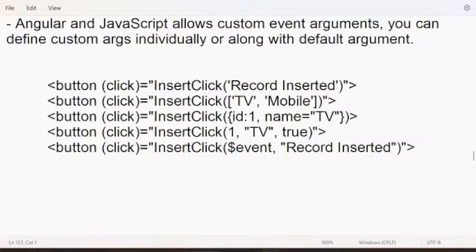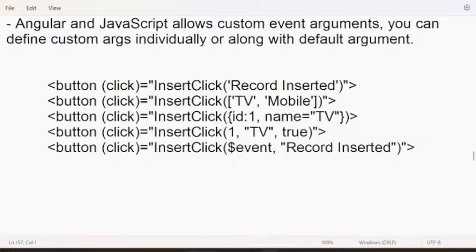If you remember in our previous shopping example, when the user clicks the delete button, what did we do? We sent the index number as an argument. That is our own argument, our custom argument. So you can send default arguments, custom arguments, or both.